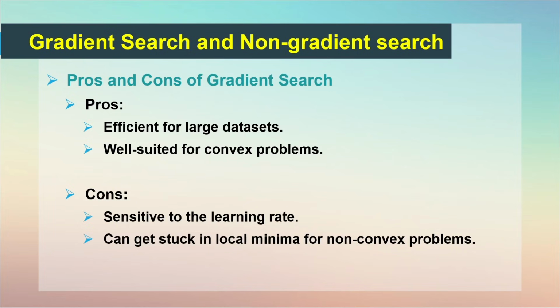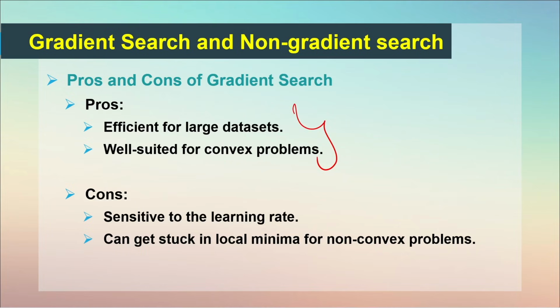What are the pros and cons of gradient search? Let me discuss the pros first. Suppose you are using a data set that is very huge in size, then definitely you can go for gradient search. And if your problem is convex in nature, then you can go for gradient search. These two points help you decide on gradient search.